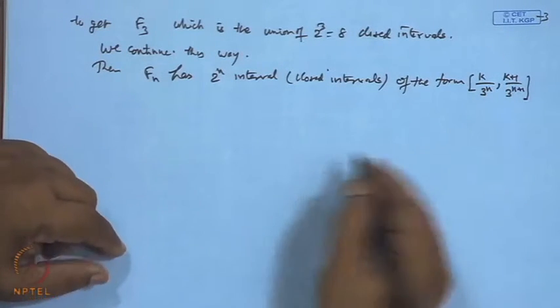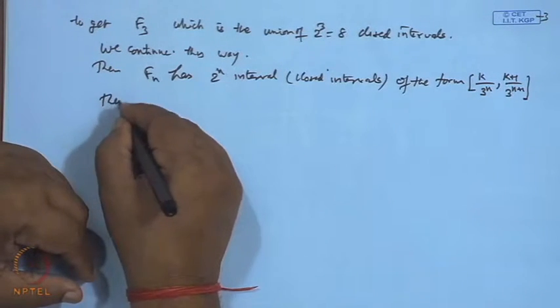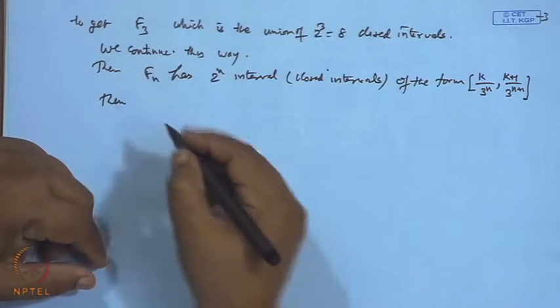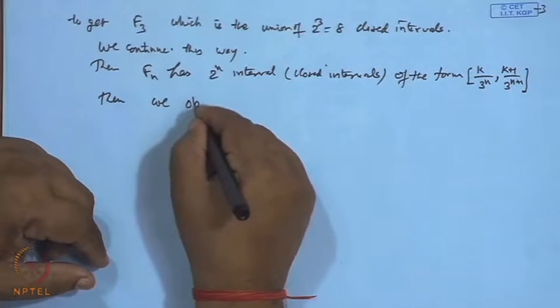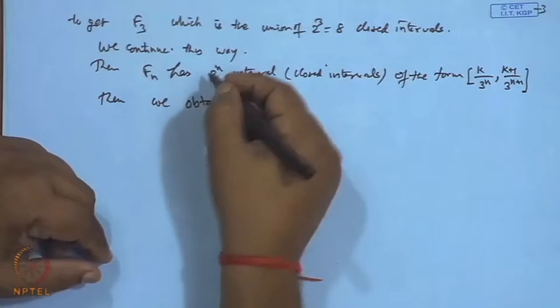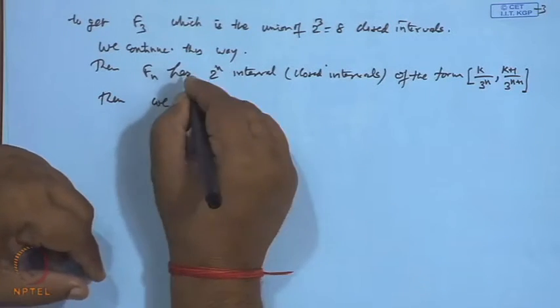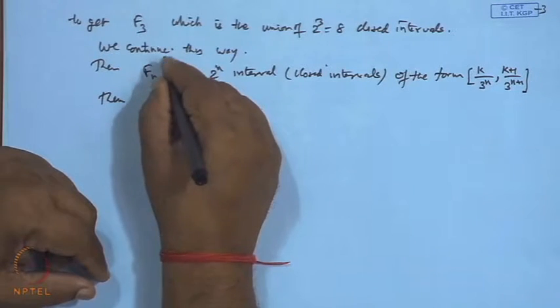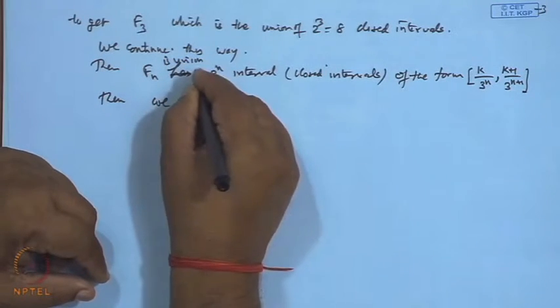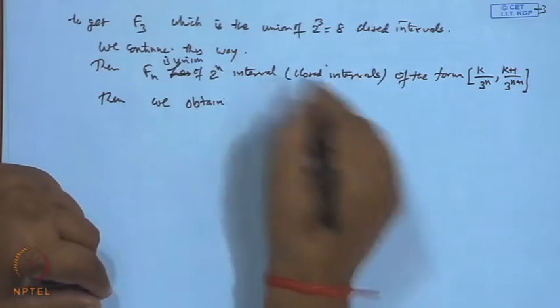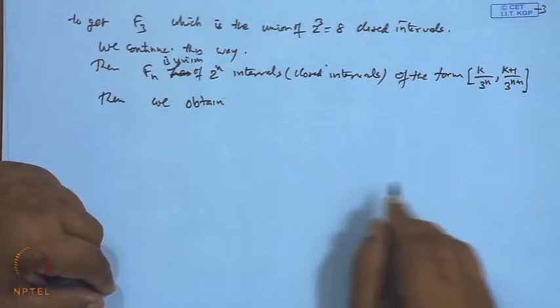And then F n is the union of 2 to the power n intervals of this form.